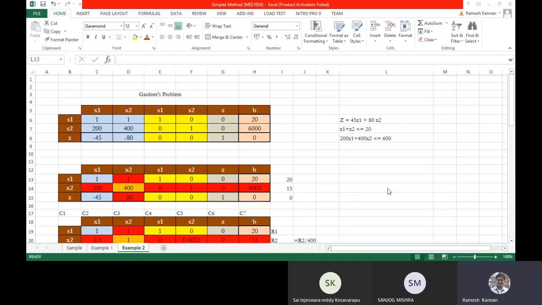That will be a quicker method. So x1 is 19 and x2 is 1.